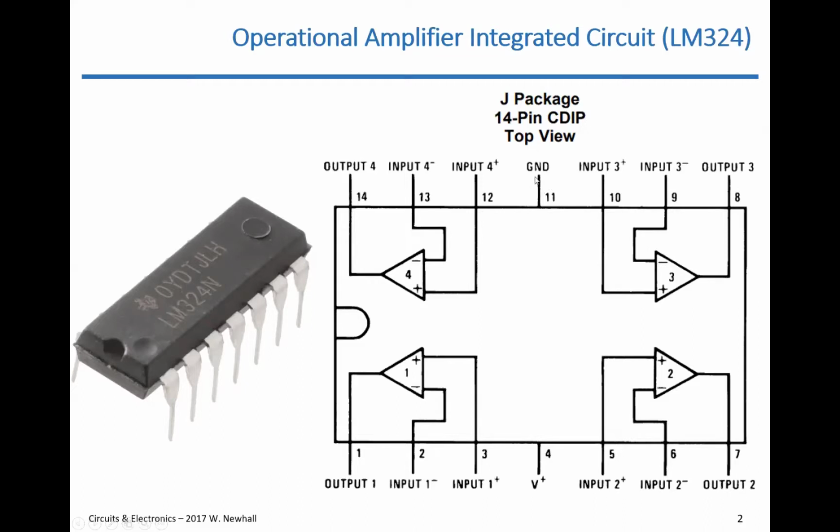And also ground, in this case, for this chip, does not have to be 0 volt ground. You can actually have a negative supply applied here so that you can actually get negative voltages out of the op-amp output. We'll talk a little bit about that. But this is what an op-amp physically looks like, one package of an op-amp. There are other packages, but that's what it looks like.